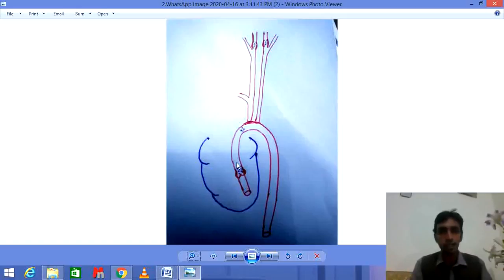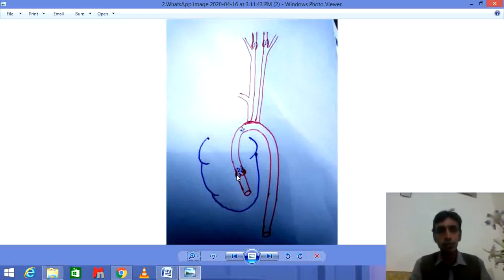This is the ascending aorta, and near the aortic wall, the blood vessel is a bit dilated. This is normally in dilated form, just like a cavity.